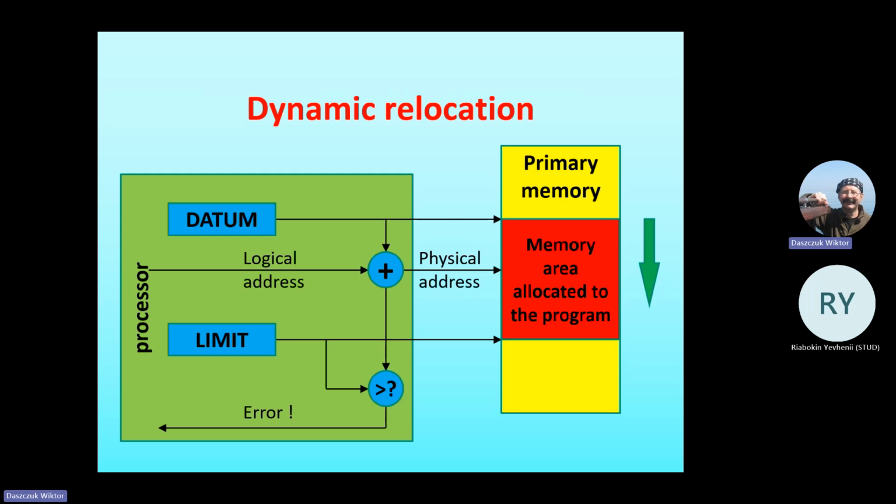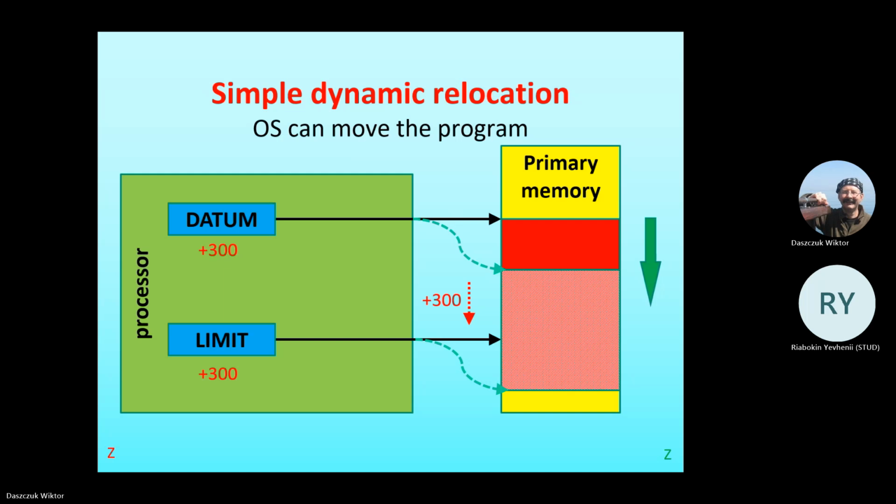The second register, limit, is not used for relocation. It is used only for protection, because every address is compared with limit, and if it is greater than limit, it causes an exception in the program. It's called dynamic, just to recall, because we discussed this issue previously.